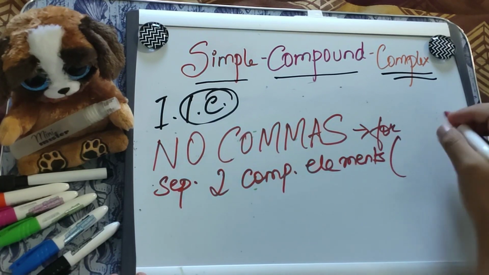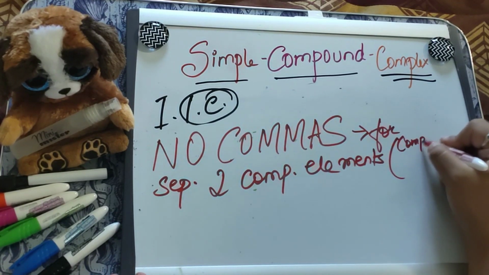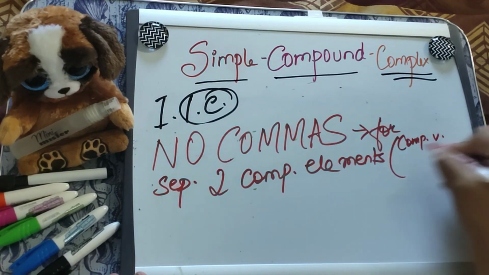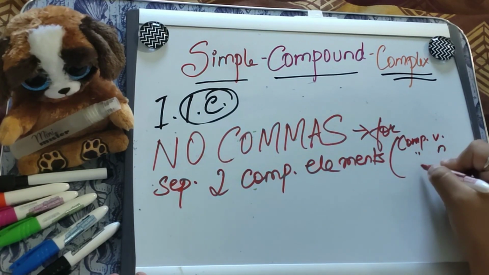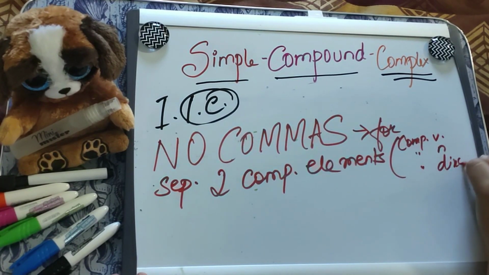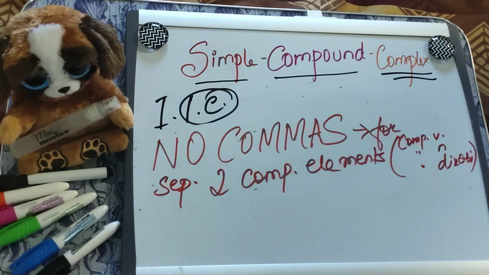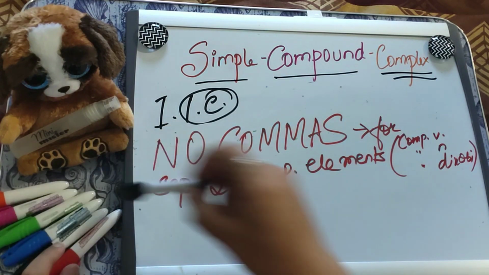So no commas to separate a compound verb or a compound noun or a compound direct object. That is the rule for simple sentences. You should not be using commas. If you have used a comma, marks will be deducted. So better not take the risk.